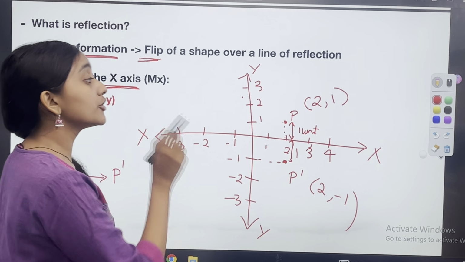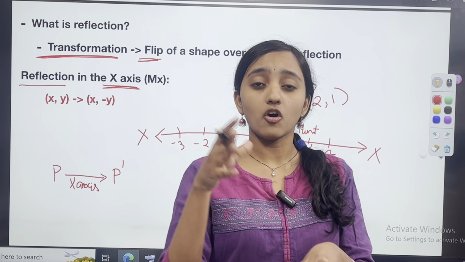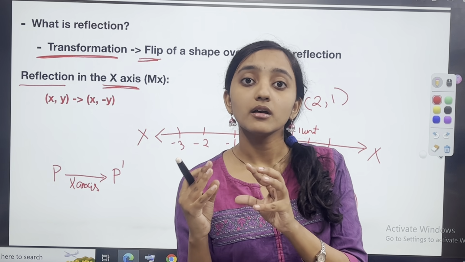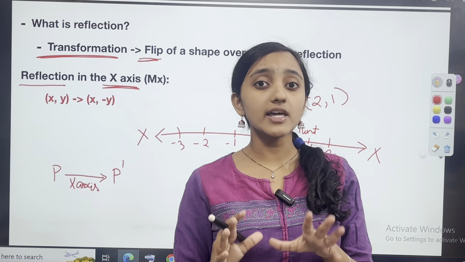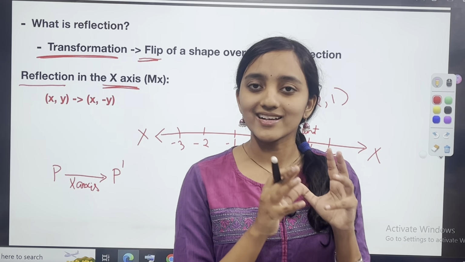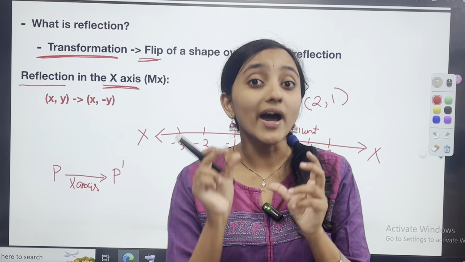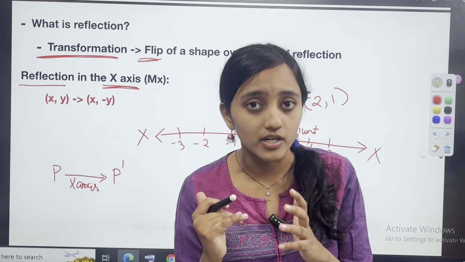So what I want you to remember is, whenever a point is reflected on the x-axis, the y-coordinate becomes the opposite sign. Whenever you have a point x comma y and it is reflected on the x-axis, the sign of the y-coordinate gets reversed.